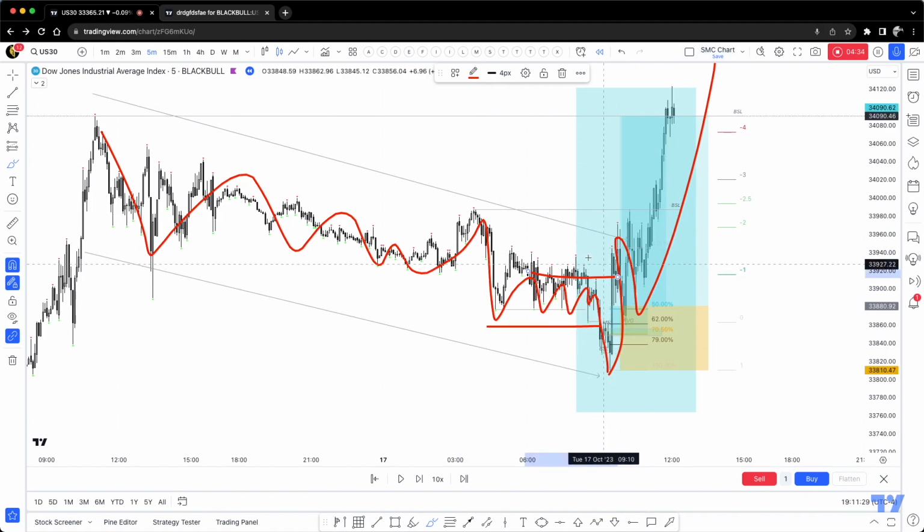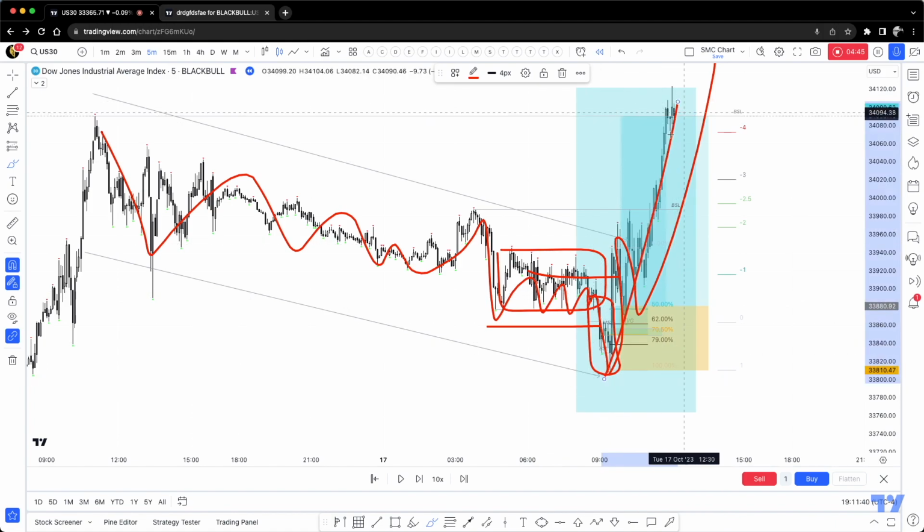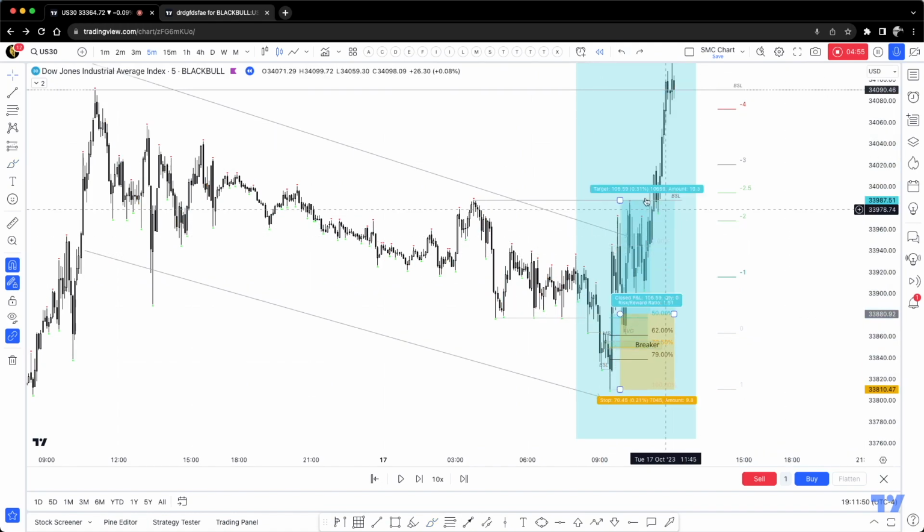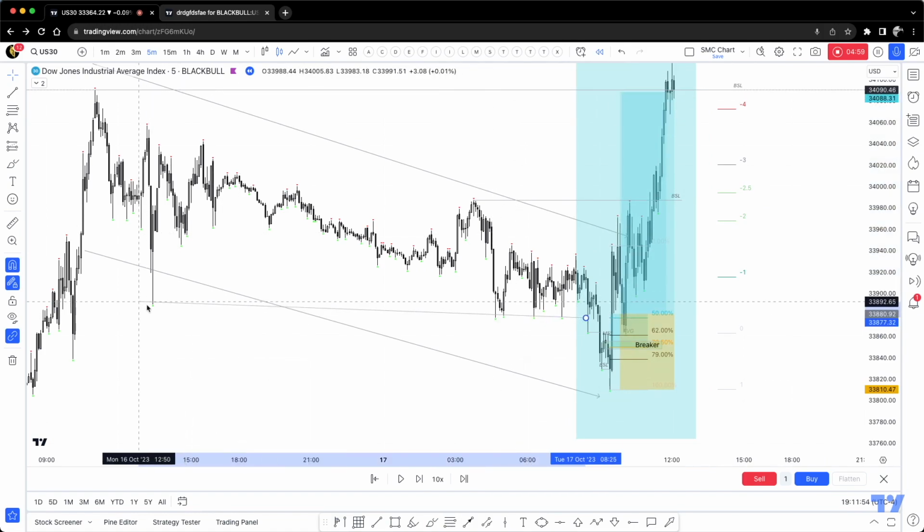So the little accumulation happened right here. This was a little accumulation. We had manipulation and then distribution to the upside. So you see, it was little. It doesn't have to be an entire zone. If you look at it this way, for example, you stretch this line, price even swept these lows right here.